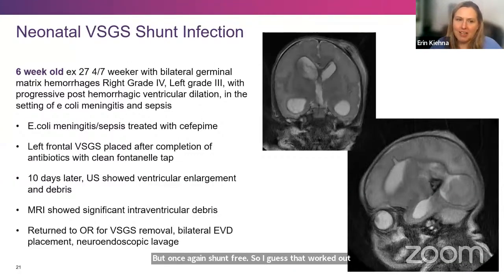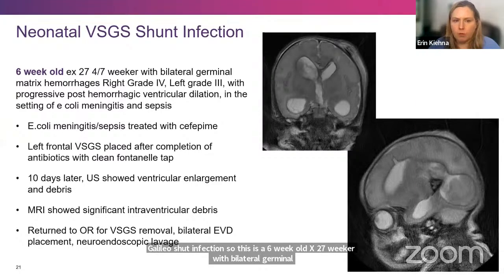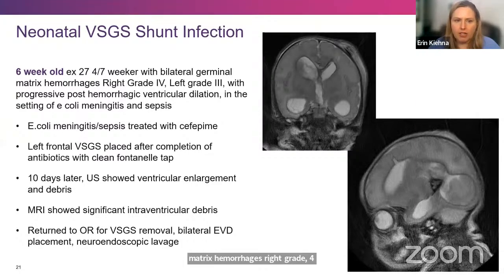We've talked at great length about our neonatal population, and this is a ventricular subgaleal shunt infection. So this is a 6-week-old, ex-27 weeker with bilateral germinal matrix hemorrhages, right grade 4, left grade 3, post-hemorrhagic ventricular dilation, with neonatal acquired E. coli meningitis and sepsis.